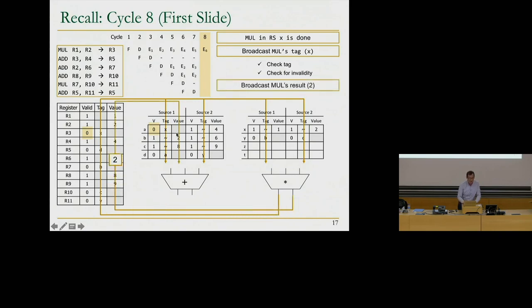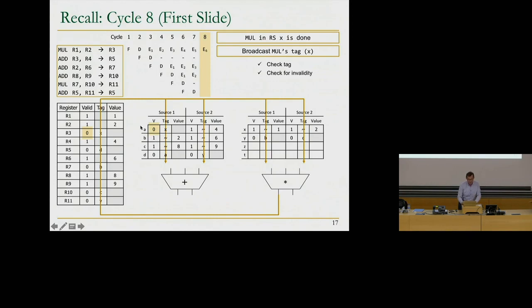So the value gets also broadcast, and these capture the value such that they become valid, and the value becomes stored over here. So there are two things that are waiting for tag X over here, R3 in the register file, and also the first source of this instruction in reservation station A for the add reservation station.